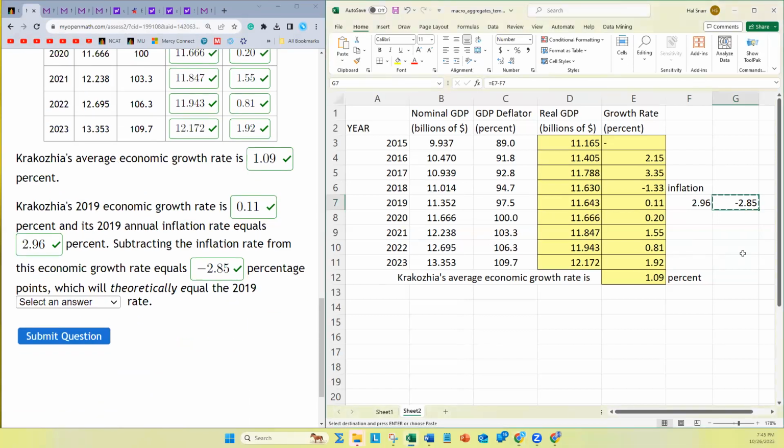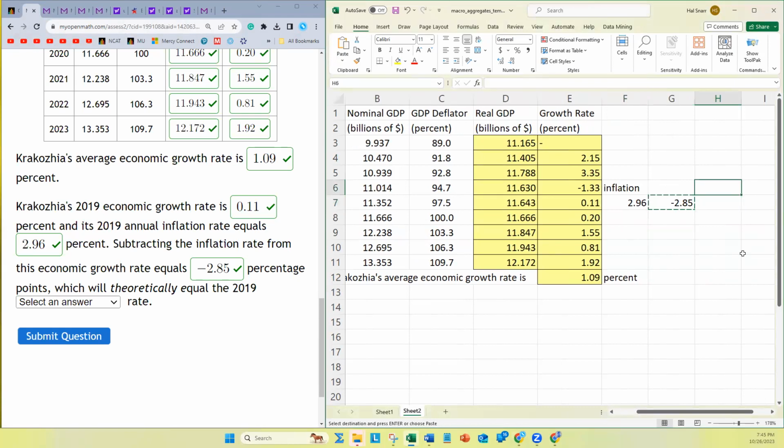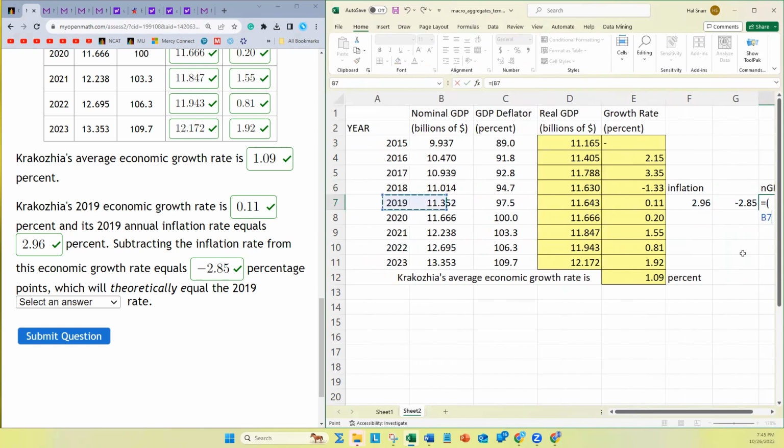Now let me show you this. Okay, so let me calculate nominal GDP growth. The growth rate of nominal GDP is what it is in the year 2019. It is 1.352.